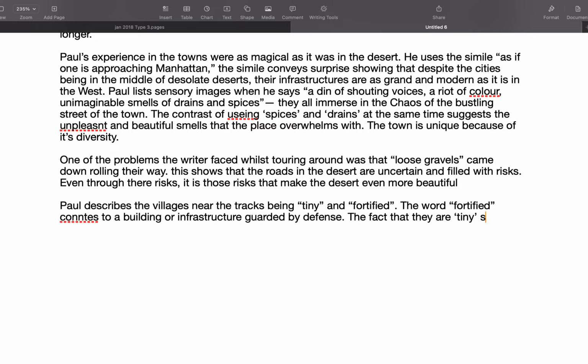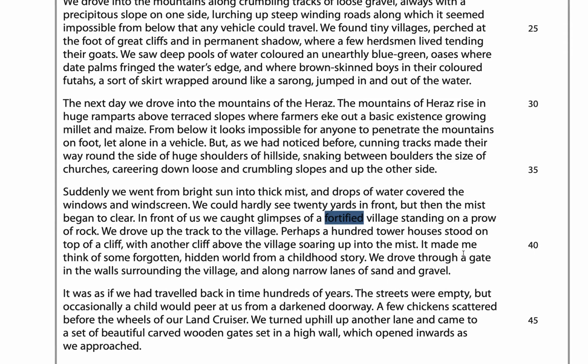Let's say it signifies that the village lacks population and is isolated from the rest of the world, the rest of the towns and cities. Right? That's something we can say. Correct?